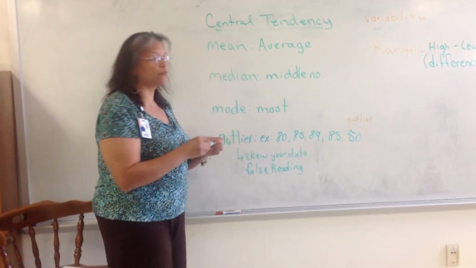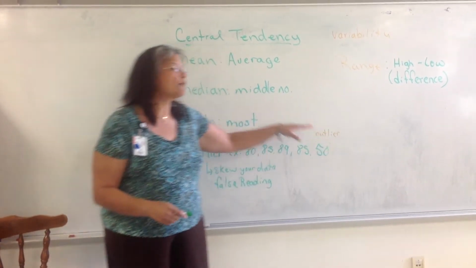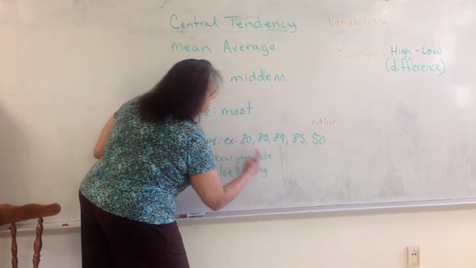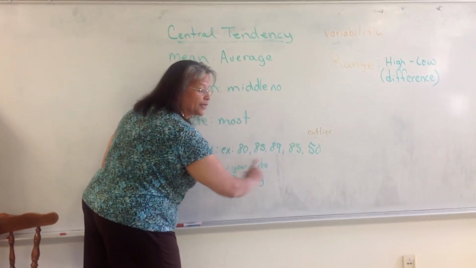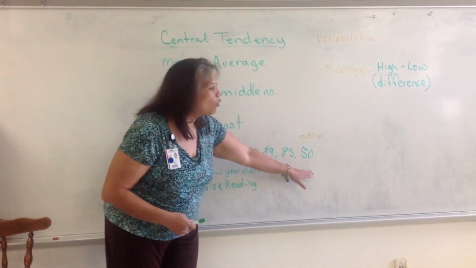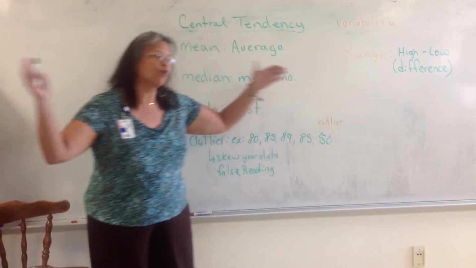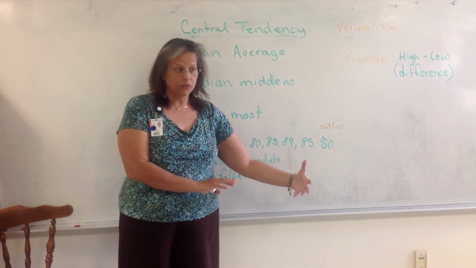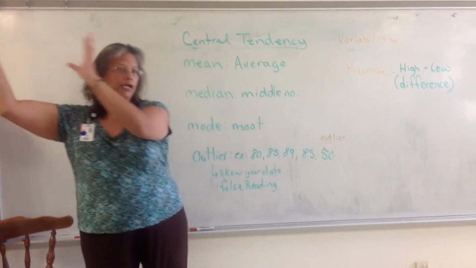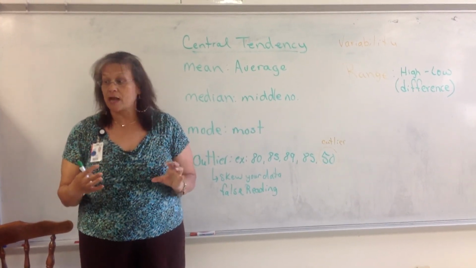So if I was to average this, including the outlier, it's probably going to say I'm in the 70s. But what type of student am I really? I'm a B student. But because of that one exceptionally low grade, it brought my grade average down. We could do the reverse of that. If I'm making 70s and all of a sudden I get 100, that 100 could give you the false sense that I'm a B student.